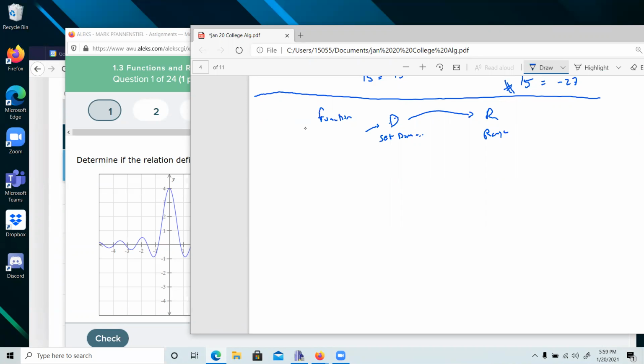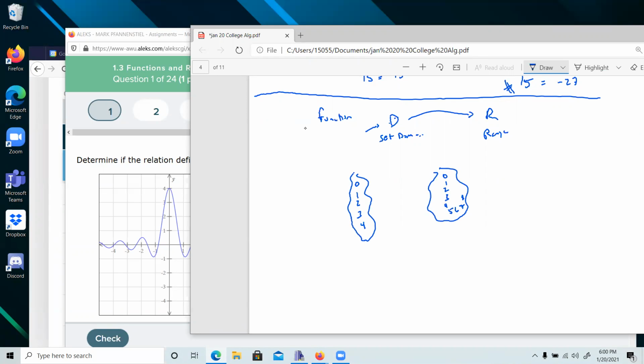If I have values here, 0, 1, 2, 3, 4, and over here we have 0, 1, 2, 3, 4, 5, 6, 7, 8.